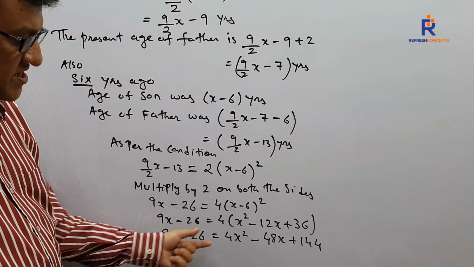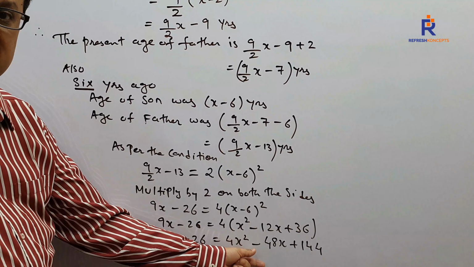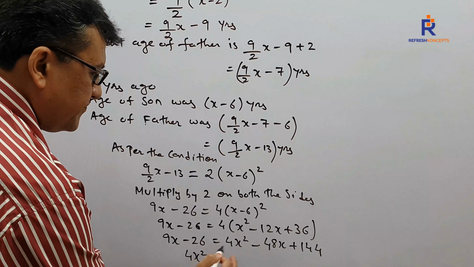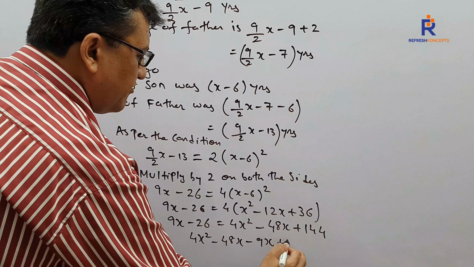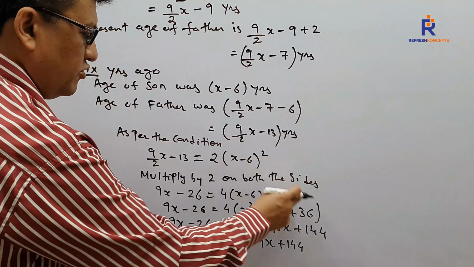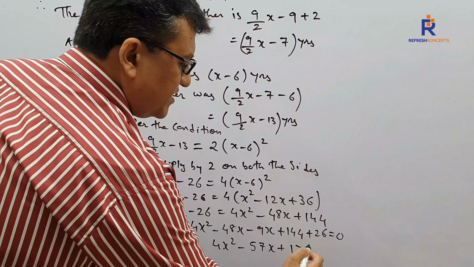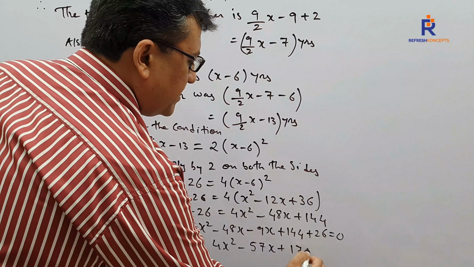We shift this so as to get a quadratic equation in standard form. 4x square as it is, minus 48x, this one goes over there and becomes minus 9x, plus 144, this one goes over there and becomes plus 26, equals 0. So 4x square minus 57x plus 170, since 144 plus 26 is 170, equals 0.